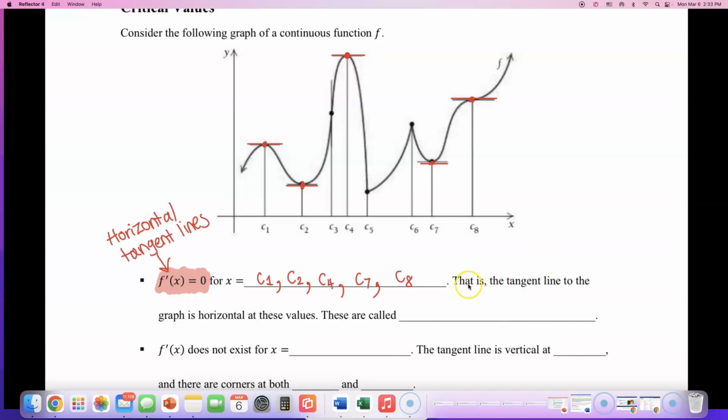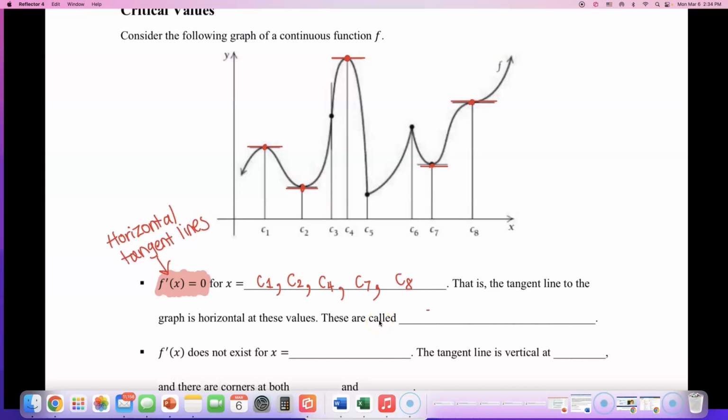That is, the tangent line to the graph is horizontal at these values. These are called critical values, okay? So if you want to find relative maximum or minimum, you start by finding critical values, because that's where the tangent line is horizontal.